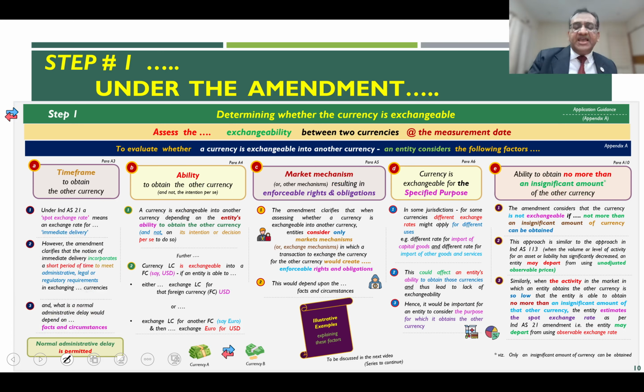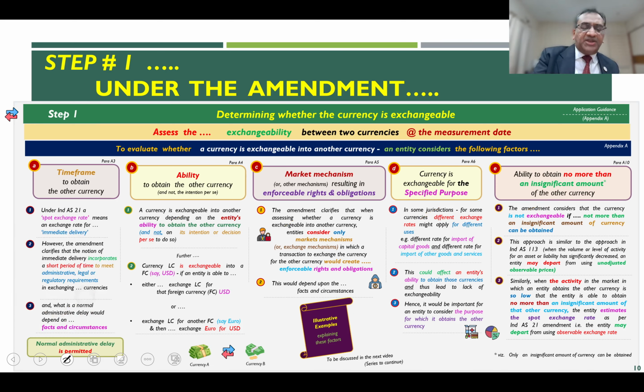We will take case studies and thrash each one of them out so that you have a crystal clear understanding of how you eventually apply step 1. These illustrative examples are also there in IAS 21, so we will leverage those examples and pick up each one of these points, and this is what we will be discussing in next week's video.